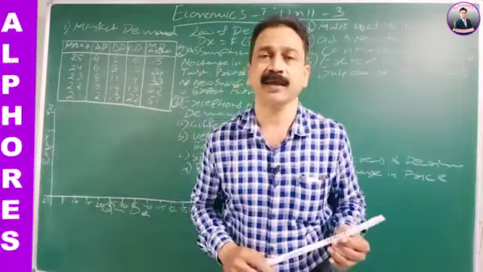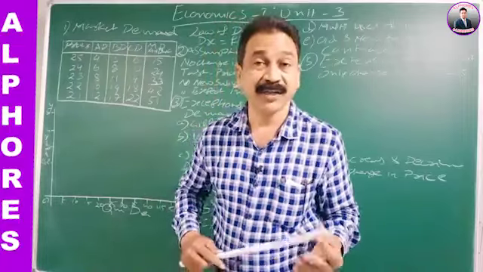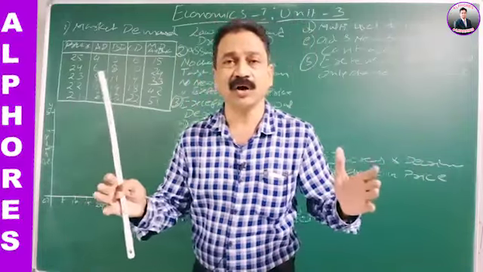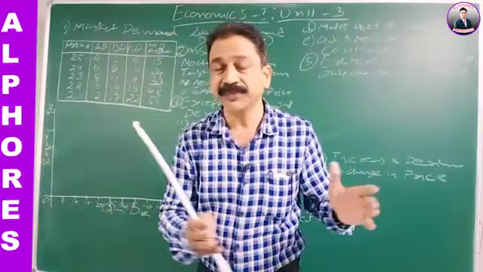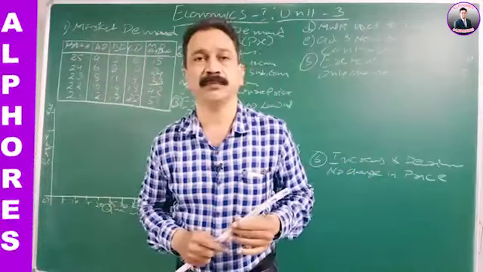Yesterday we covered individual demand, one person's demand. It is yours and mine, only one person at a time. But the market is a different thing, which is a gathering of low income group people, middle income group people, and higher income group people.